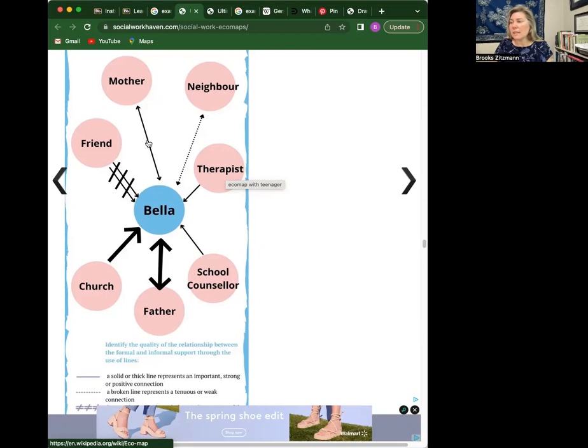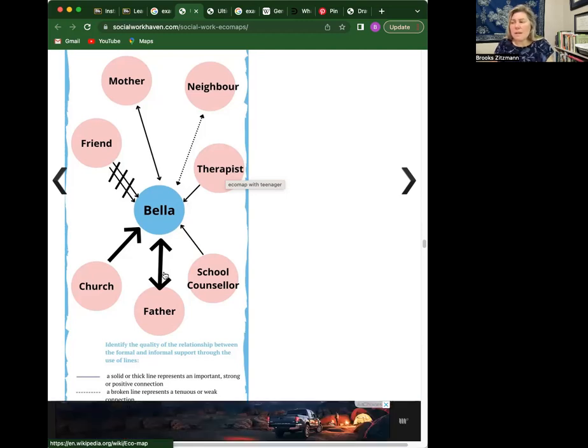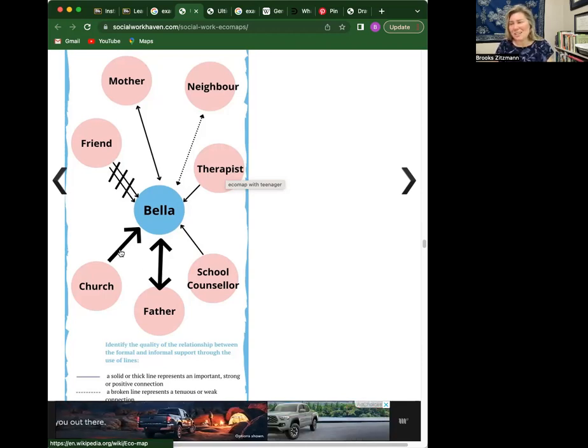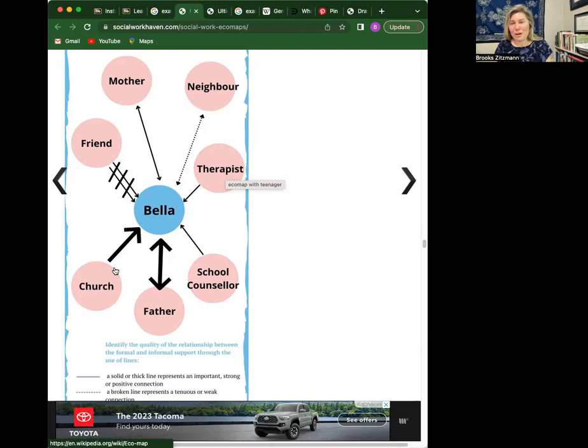The counselor and the mother, the therapist, all these are thin, but not broken lines. So that indicates to me that these are positive relationships. They're stable and sturdy relationships, but maybe not with the level of closeness or the level of intensity and passion that are in the relationships with father and church, okay?